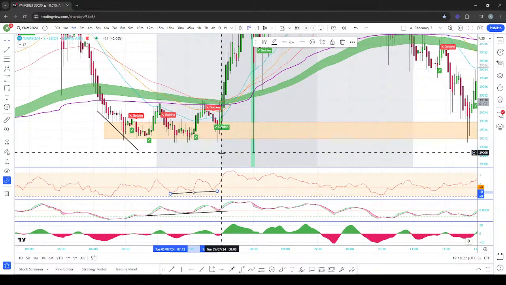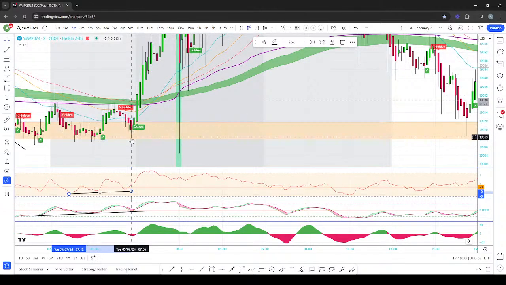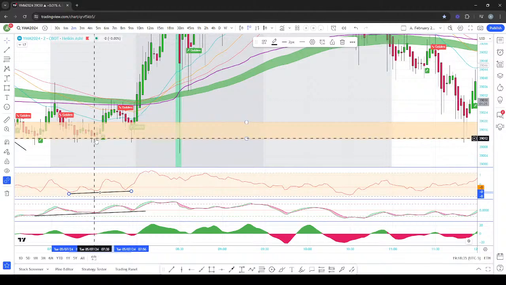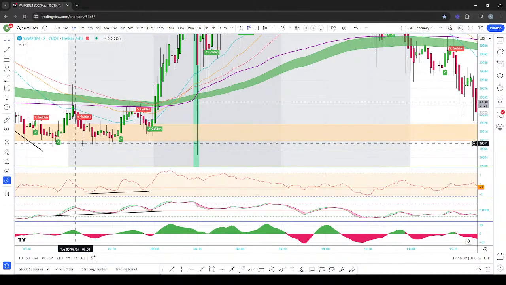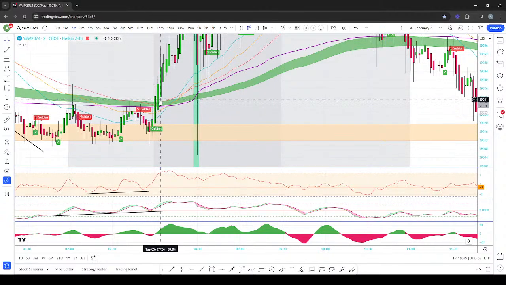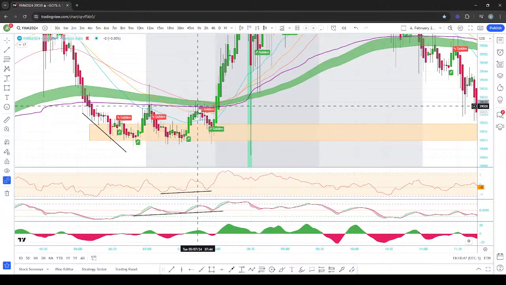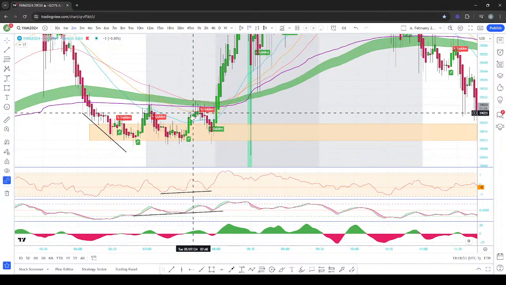But right in here, you had this really nice rejection wick. Price did not continue to push down below these swing lows. Instead, you had a nice golden signal that was moving up, and this is a nice change right in here.